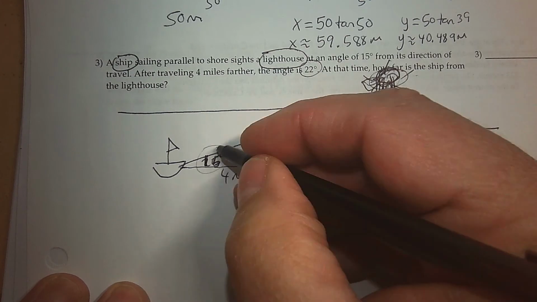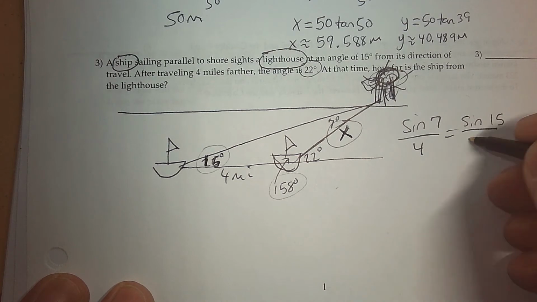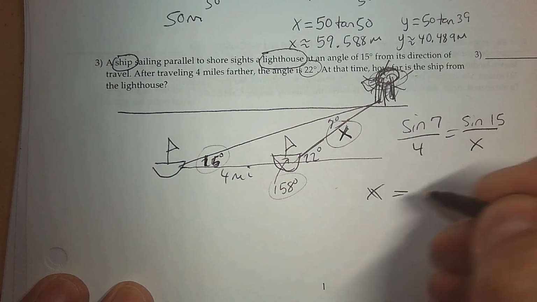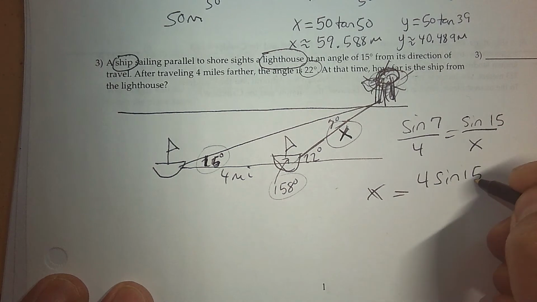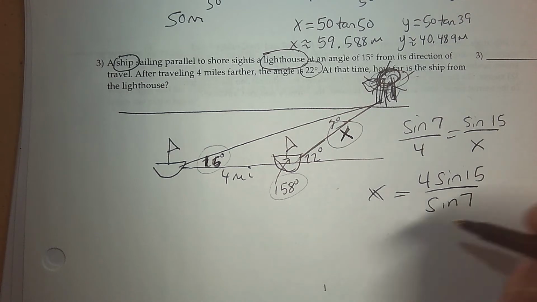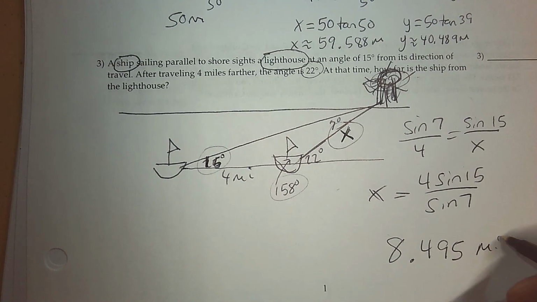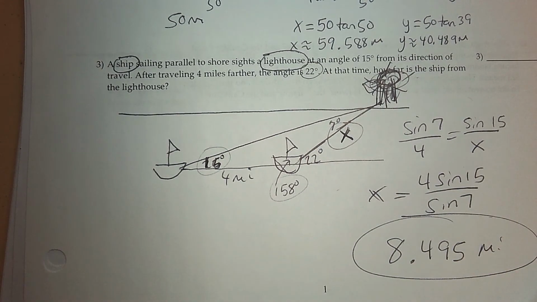What angle is opposite of x? So sine 15 over x. To get x by itself, you're going to go 4 times sine 15 divided by sine 7. So, how far is the boat from the lighthouse? It's 8.495 miles. Turn the page.